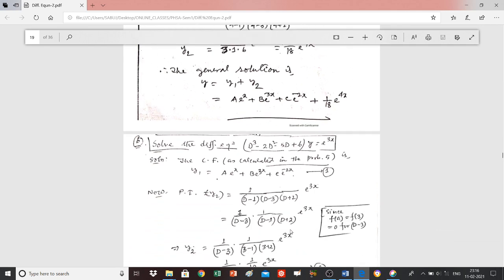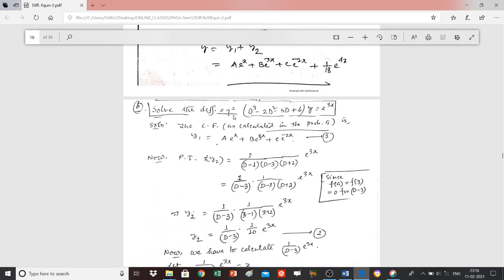So in the case of particular integral, it is somewhat different from the previous one. So this is the function of f(D). Just summarize it as 1 by (D minus 1)(D minus 3)(D plus 2) e to the 3x. So in the first two cases, D minus 1 and D plus 2, just replace D by 3, then f(a) is not equal to 0.